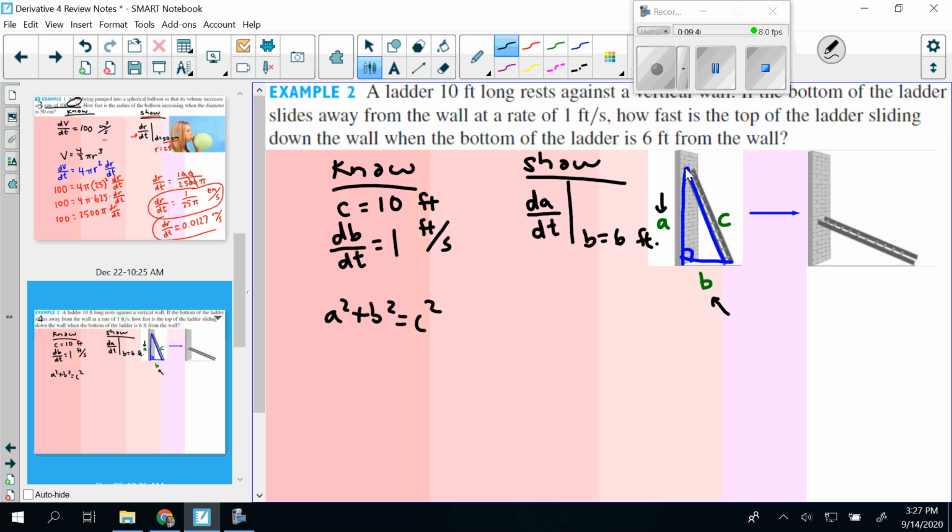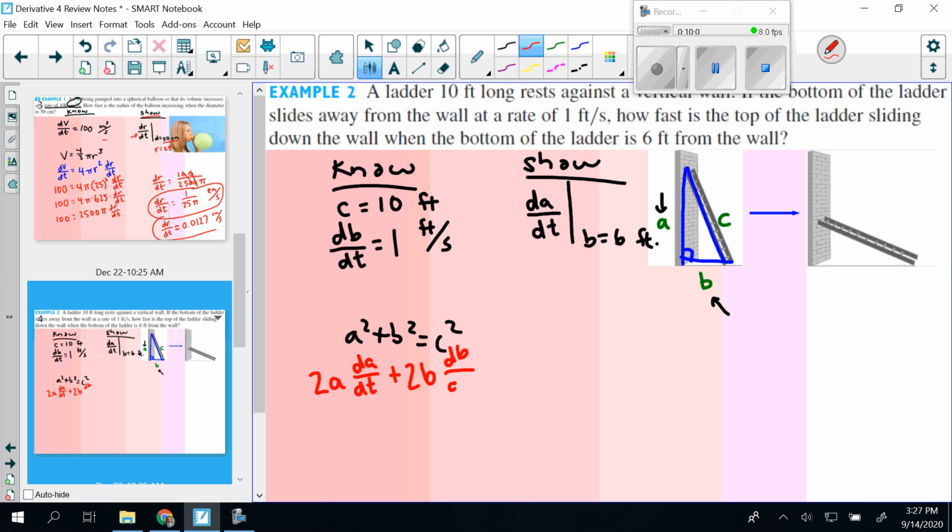All right, so we got our know, we got our show. Let's go through and find our derivative. So on this one, doing derivative of each, use our power rule: 2a, make sure we get our derivative in there with respect to time, dA dt, plus the next one would be 2b dB dt equals, now the other side we got 2c dC dt.